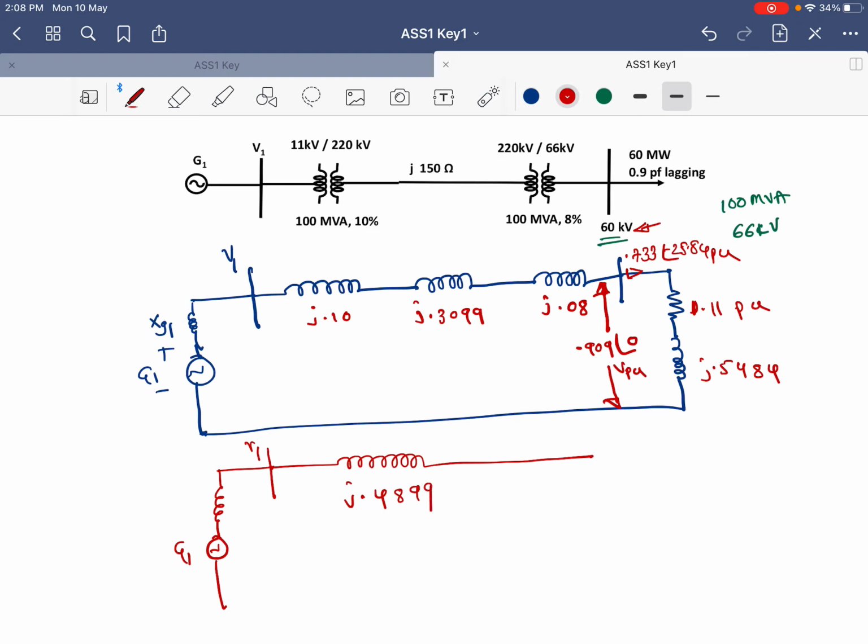Then here my load is 1.11, and j0.5484. I am not bothered about this.